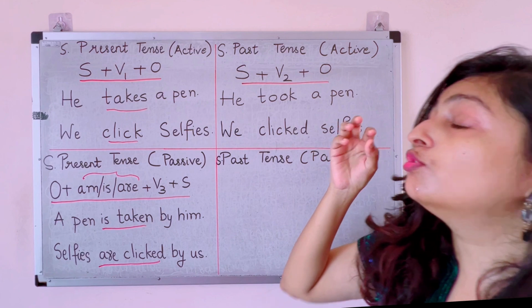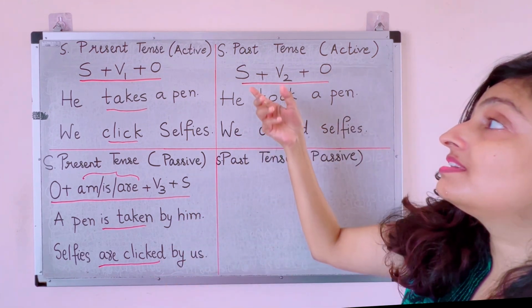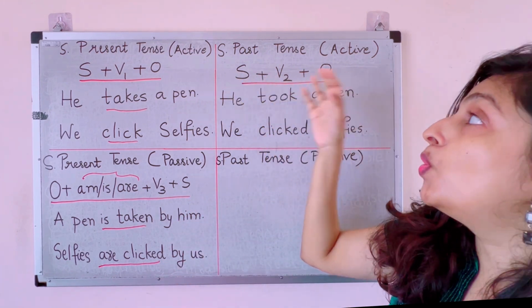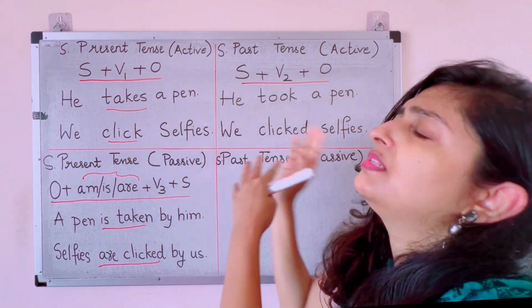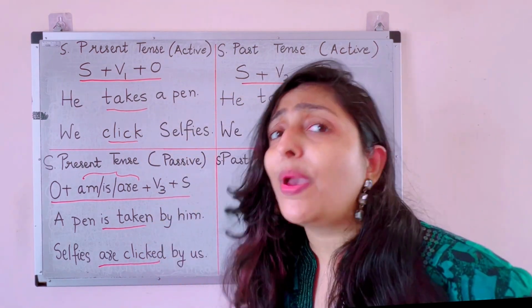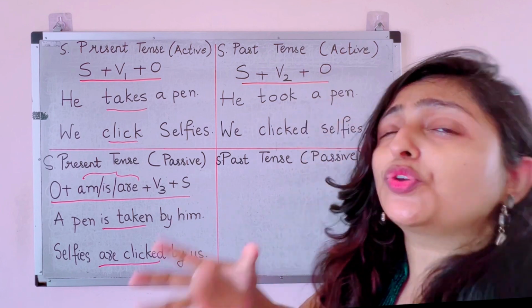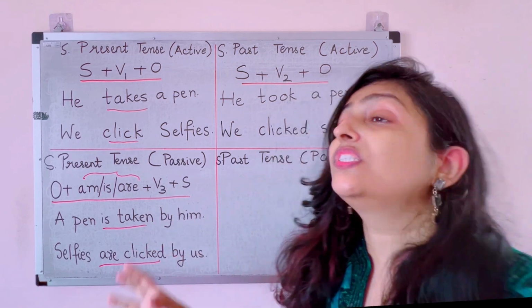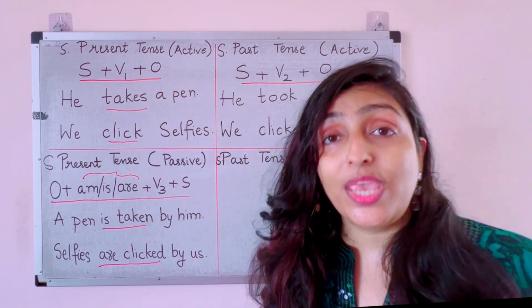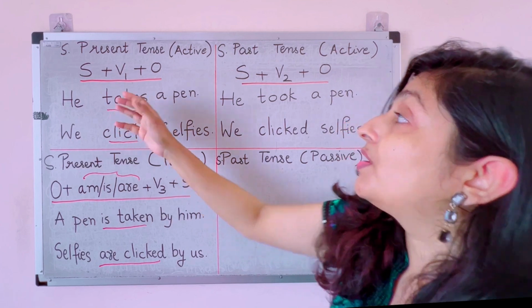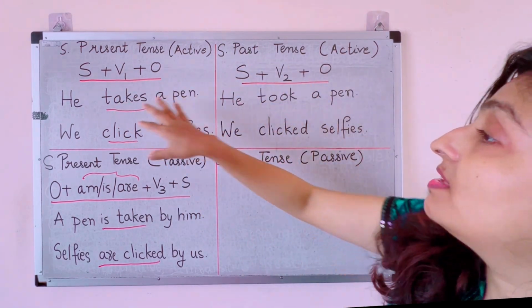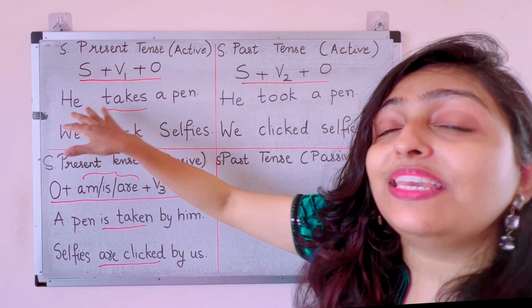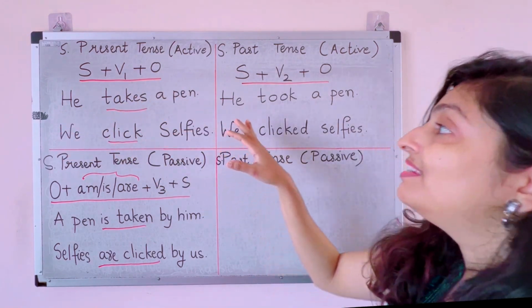Next is active voice of simple past tense. The rule or the formula is subject plus V2 plus object. I have written side by side so that you can compare easily. V2 is the past tense form of V1. So the verb here becomes the past tense. Look at the example. He takes a pen.